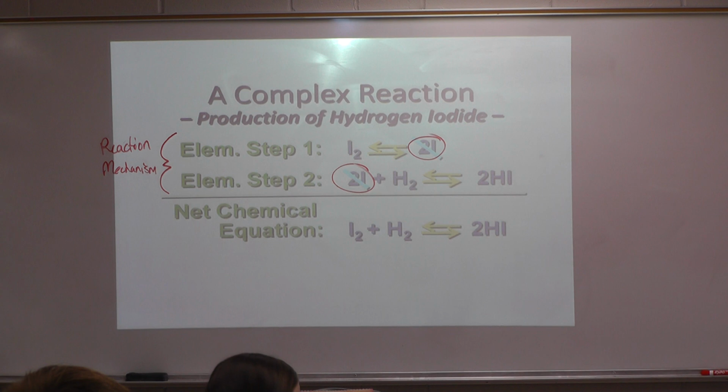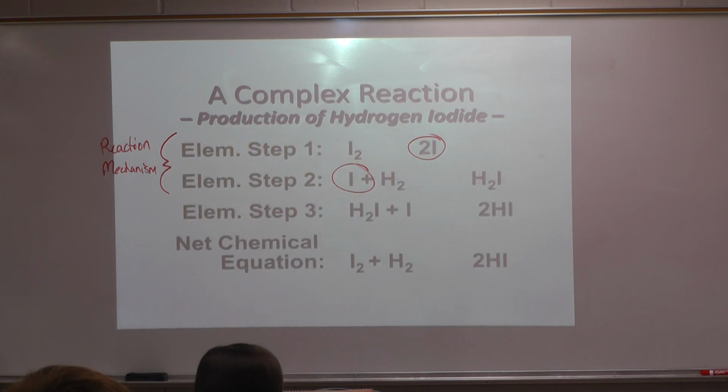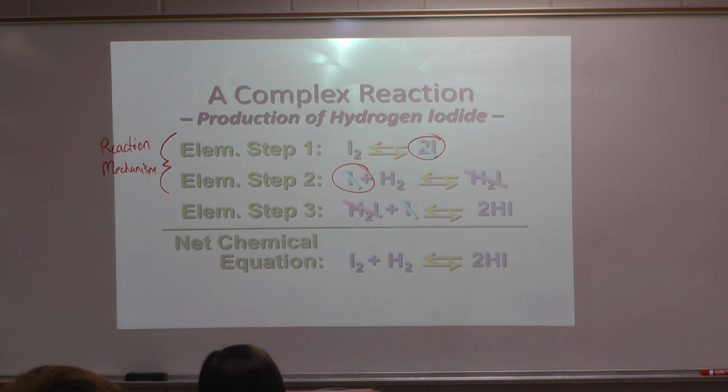So here's just showing you that if you have a different temperature, you could have a different reaction mechanism. So if you look at this, is the overall net balanced chemical equation the same as the previous example I just showed you? Maybe you weren't looking close enough. Yes. In the previous example, it was I2 plus H2 gives you 2 HI.